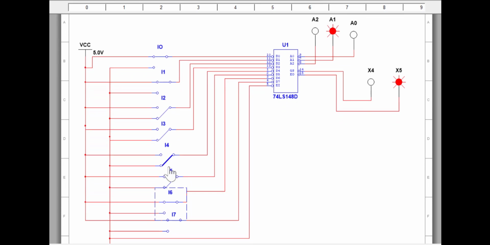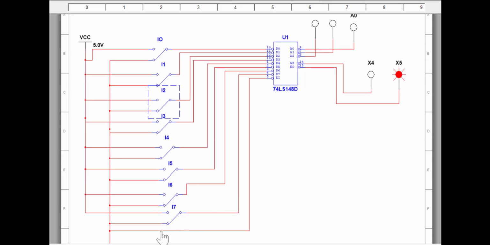Similarly, if I make D5 also 0, that means now D4 will have the highest priority. When D4 is enabled, even if you press other inputs lower than D4, it's still not going to affect your output. So if I make all activated, let's take one more case. Now all are activated.